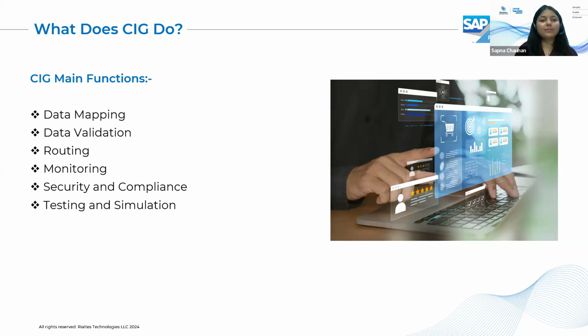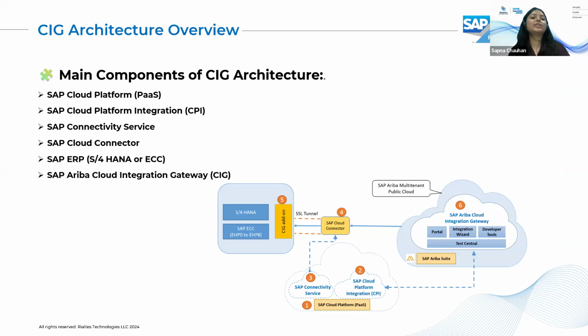Now we'll understand the CIG architecture overview and the main components of the CIG architecture. The first one is SAP Cloud Platform. This is the functional cloud infrastructure provided by SAP.